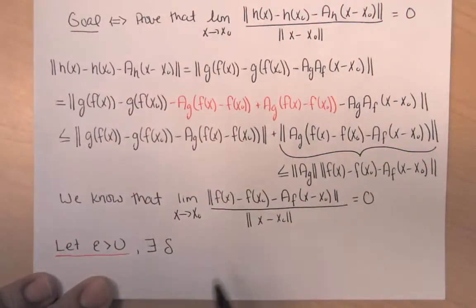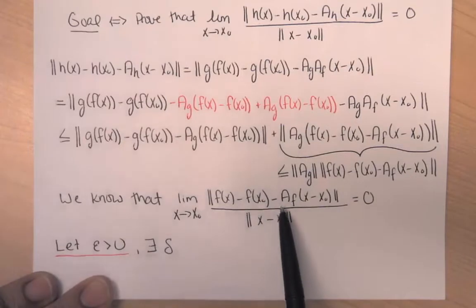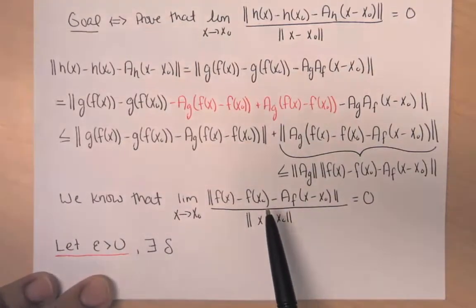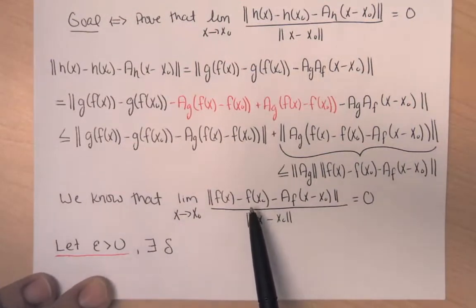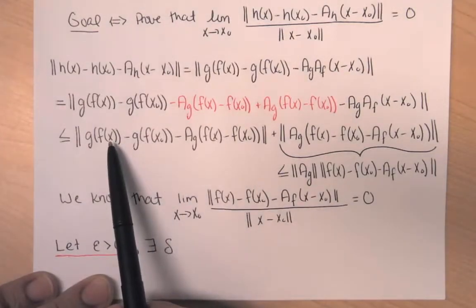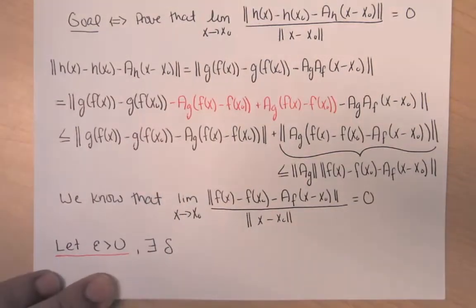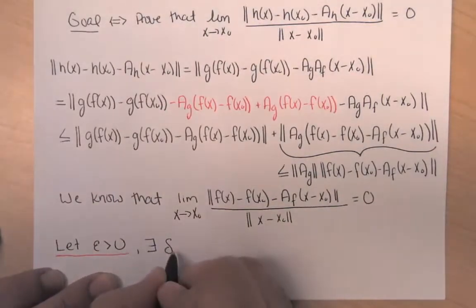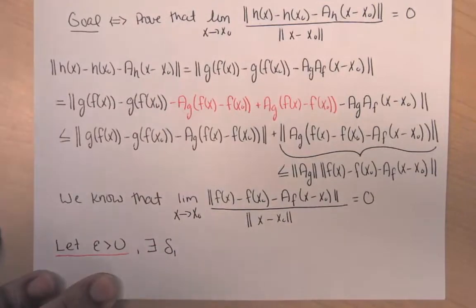Now, I'm going to need to consider the limit of the derivative of f. I'm going to need to consider the limit of the derivative of g. I'm going to need to consider the limit in the continuity of f, because I need f of x to approach f of x naught. So there's probably going to be a few epsilons and deltas flying around. So let me go ahead and mark this as delta 1.